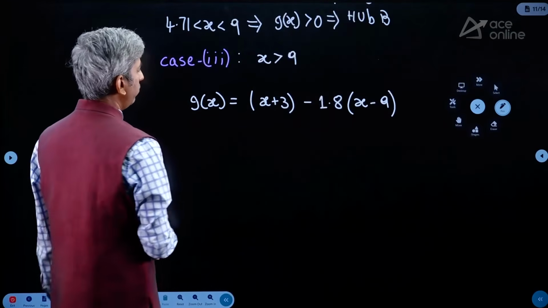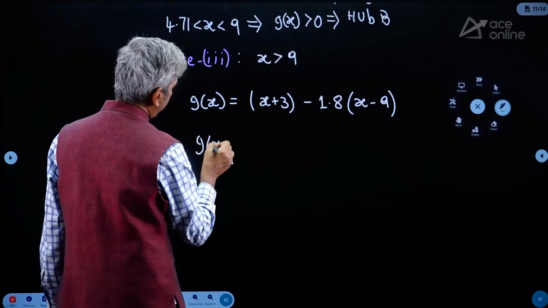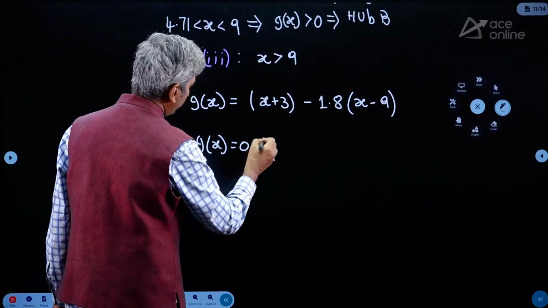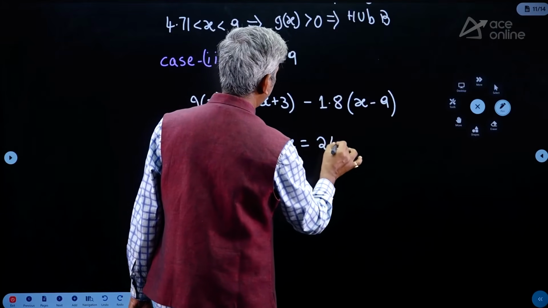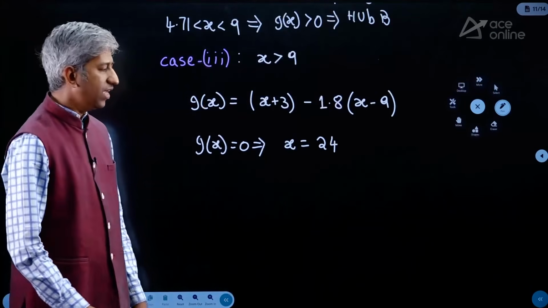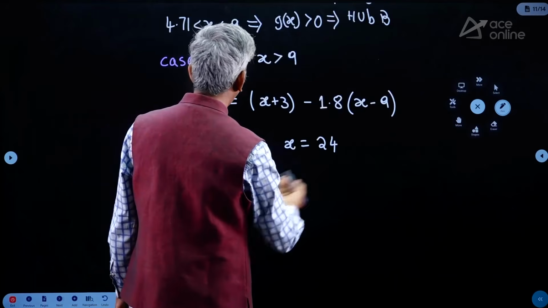Now if I calculate its corresponding g of x equal to 0, it gives an x value equal to 24.